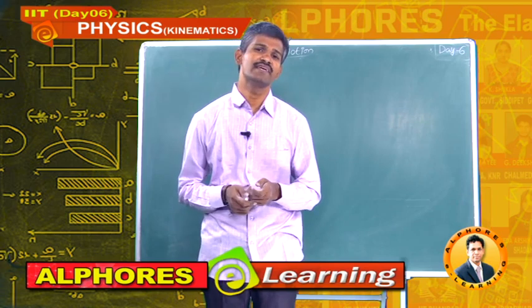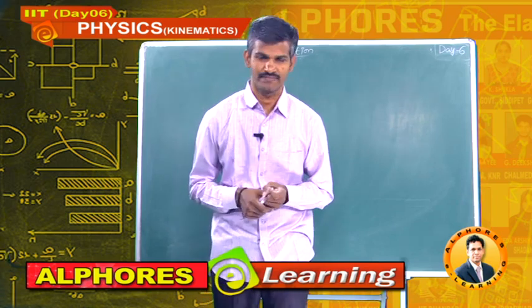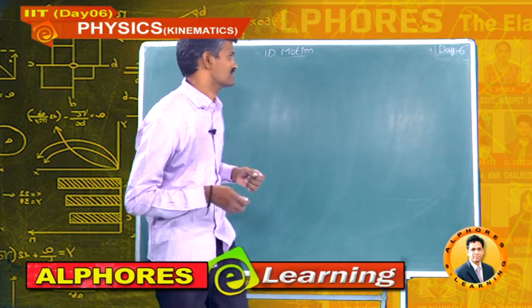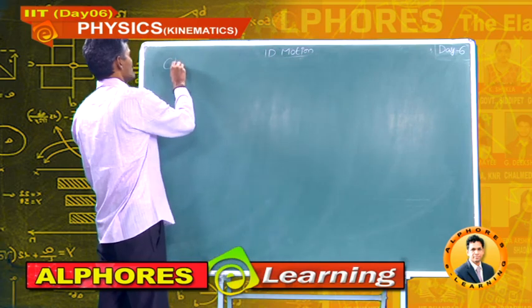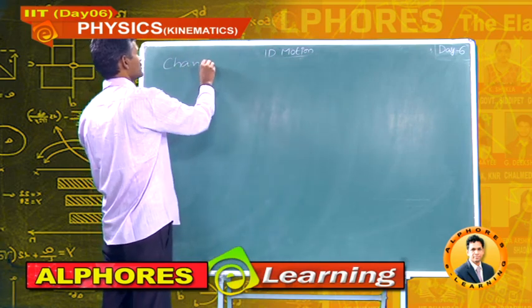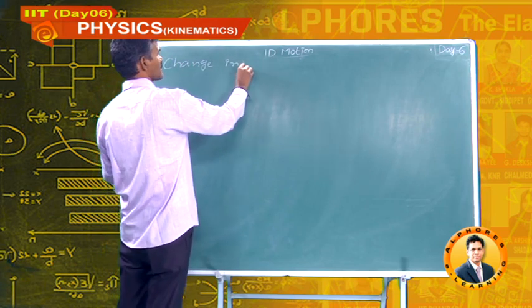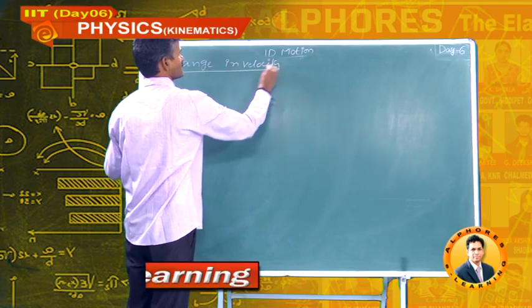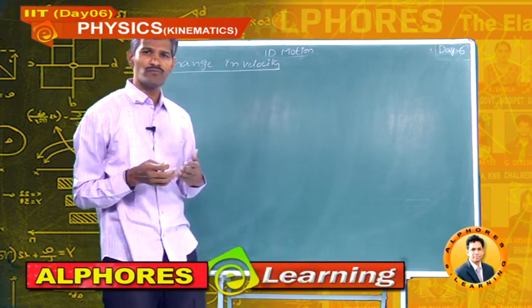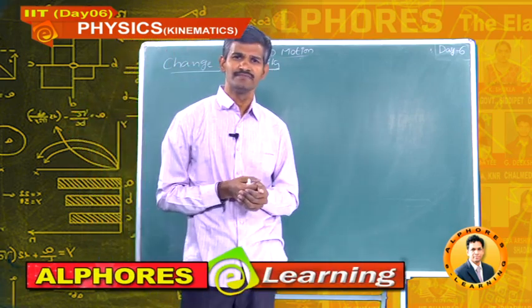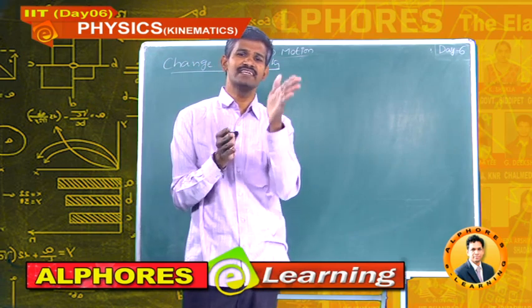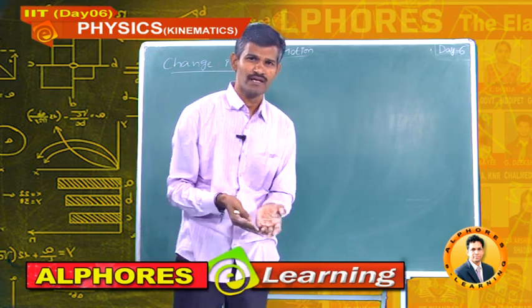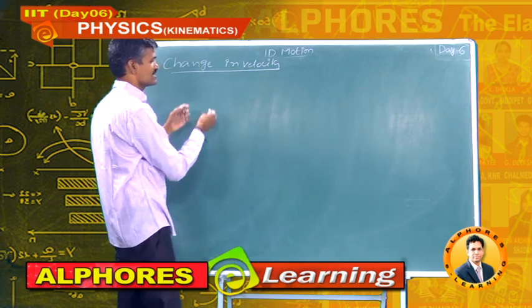Our next topic is change in velocity. If a body moves from one point to another point, suppose its velocity changes from v1 to v2. I am taking one example to discuss the concept.